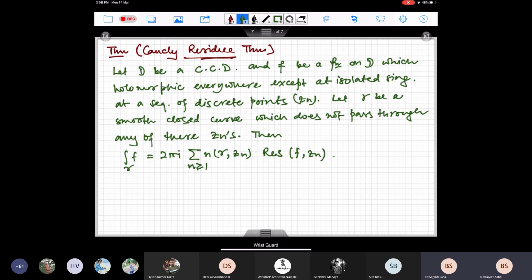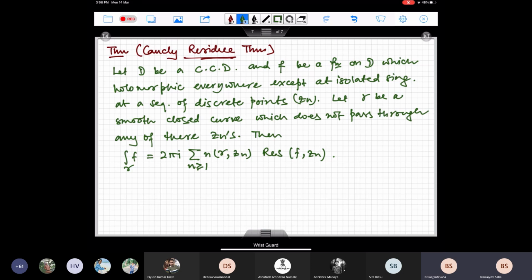And here of course you can ask me that on the right hand side we have an infinite sum apparently, because my set of singular points could be infinite. Then do I have to talk about convergence of this infinite sum or not?